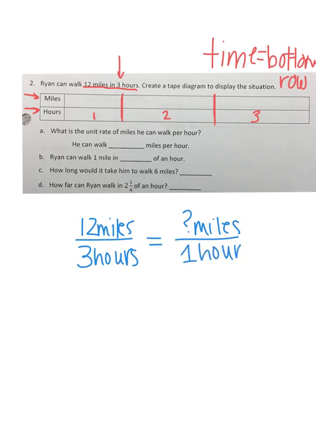So I'm going to divide by my denominator. So divide by 3, divide by 3. 12 divided by 3 is 4. So my unit rate is I can walk 4 miles per hour. That tells us that in our miles row, we need to split each into fourths.